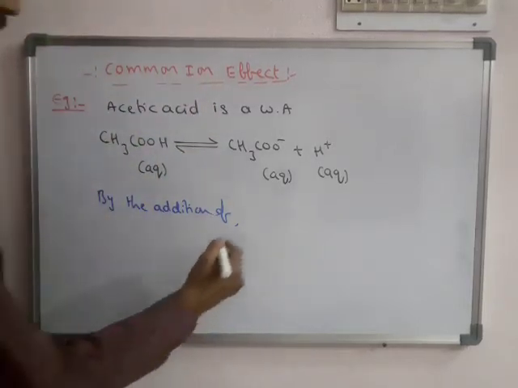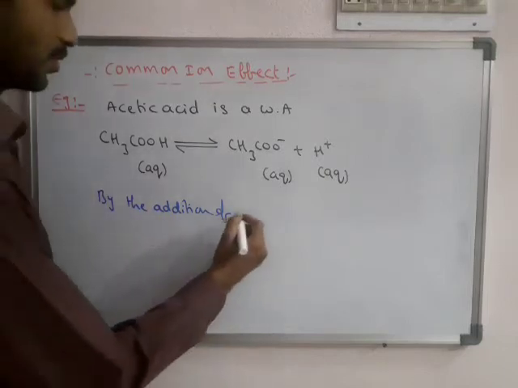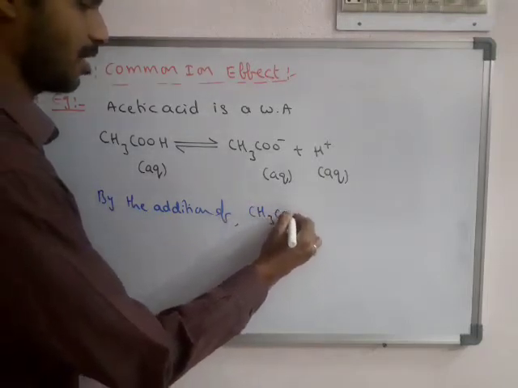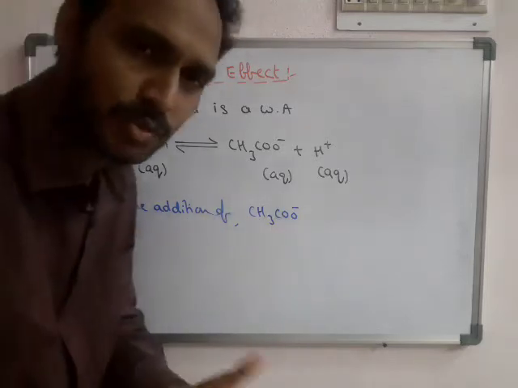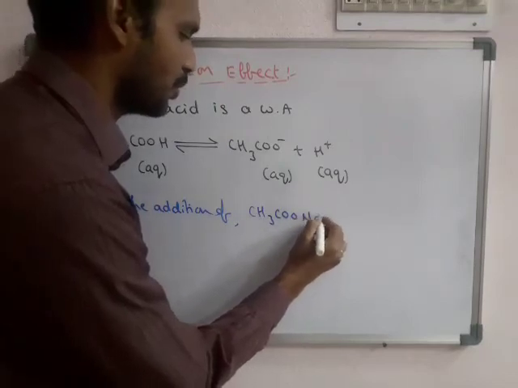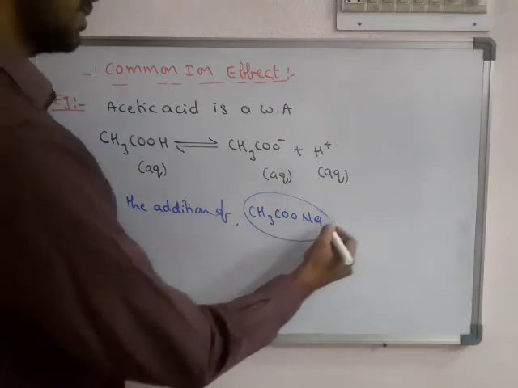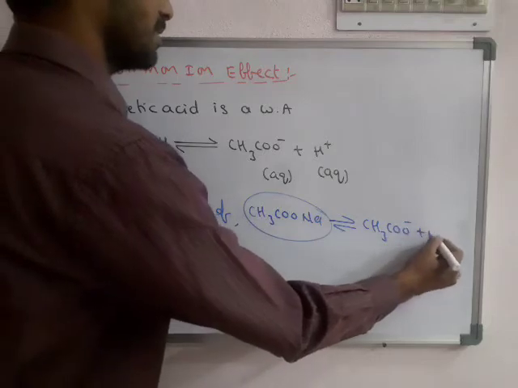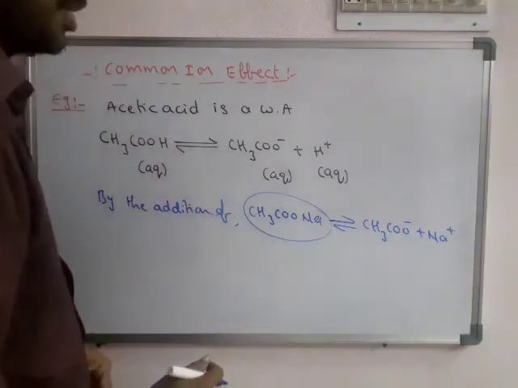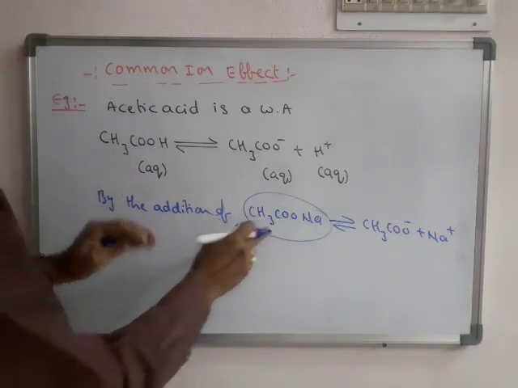So by the addition of any strong electrolyte which is having acetate ion, there is an addition of acetate ion. Okay, so what happens? For example, we added sodium acetate. It forms CH3COO minus and Na plus. So in the total mixture, now we have a mixture of acetic acid and sodium acetate.